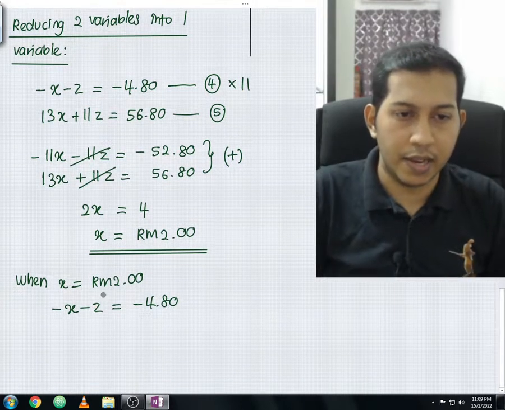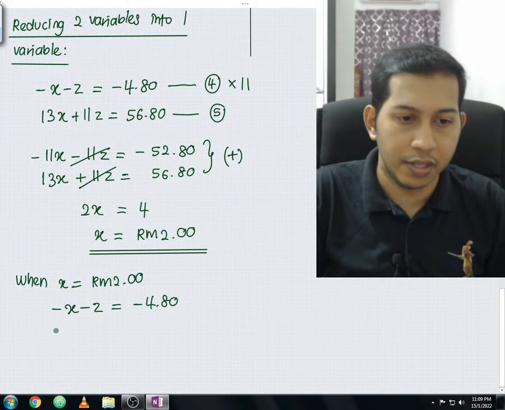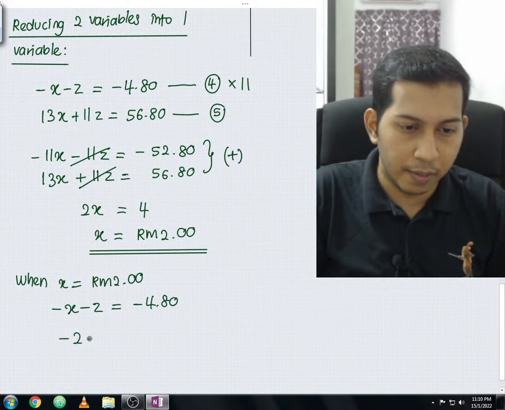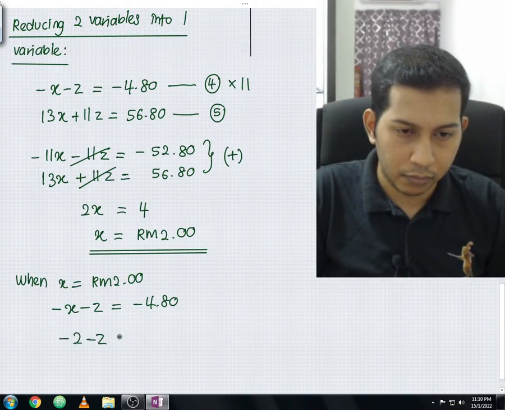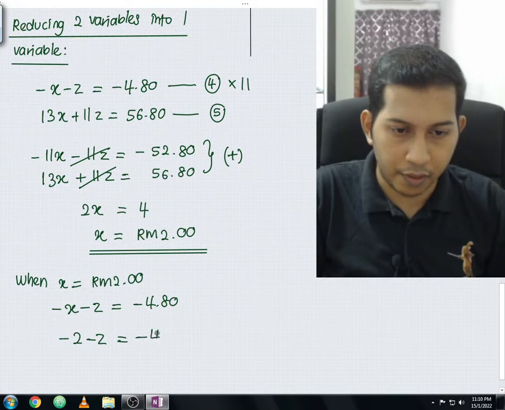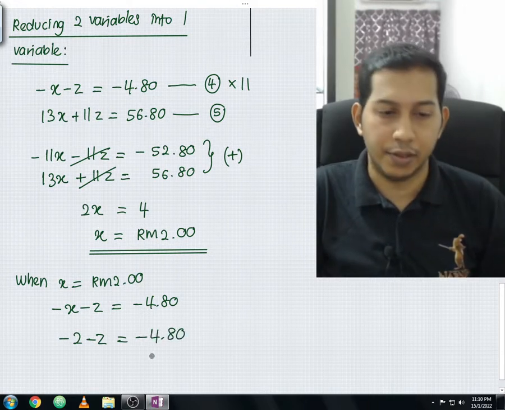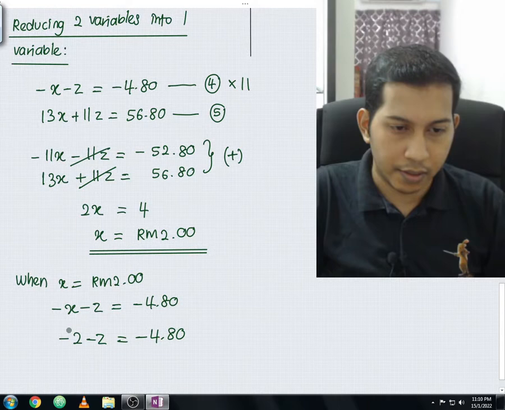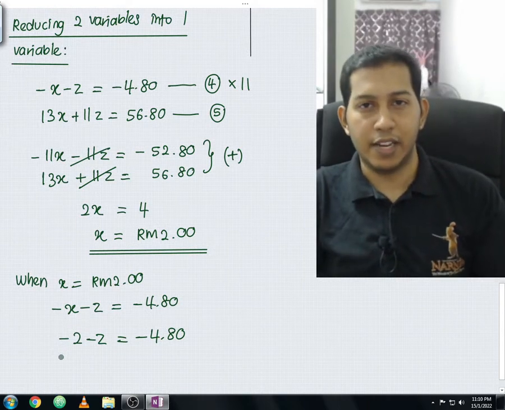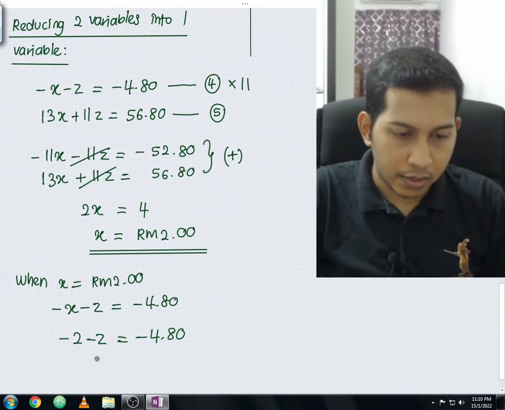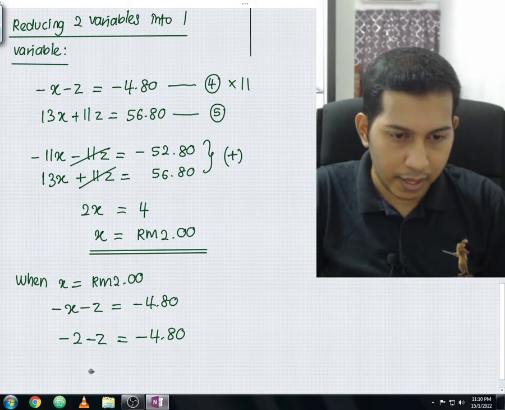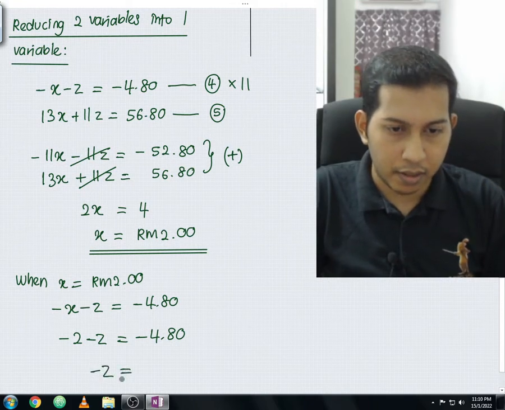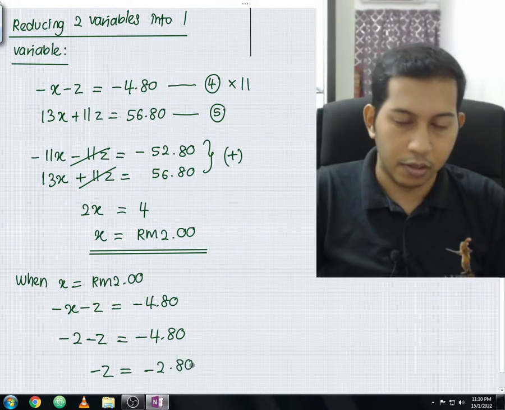Since you get x equals 2 ringgit, you can just substitute this value into this equation. So it will be negative 2 minus z equals negative 4.80. This negative 2 from the left hand side, you move it over to the right hand side. So you calculate, you get negative z equals negative 2.80.